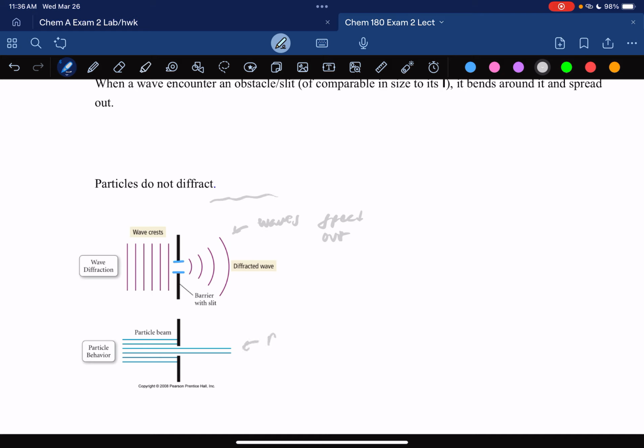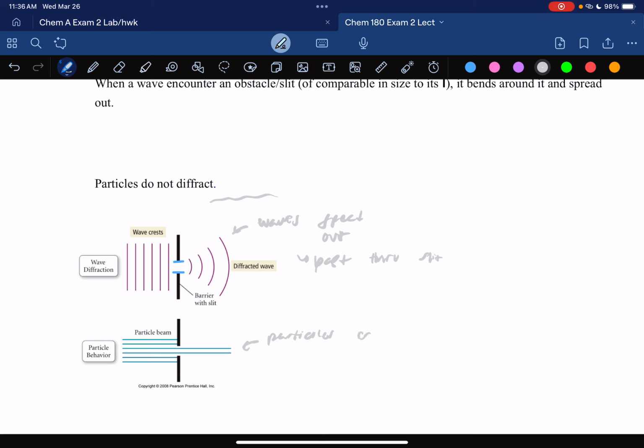Okay, so diffraction means if it's a wave, it will pass through a slit, but that slit has to have a dimension approximately equal to the wavelength, in the order of the wavelength, while particles do not do that.